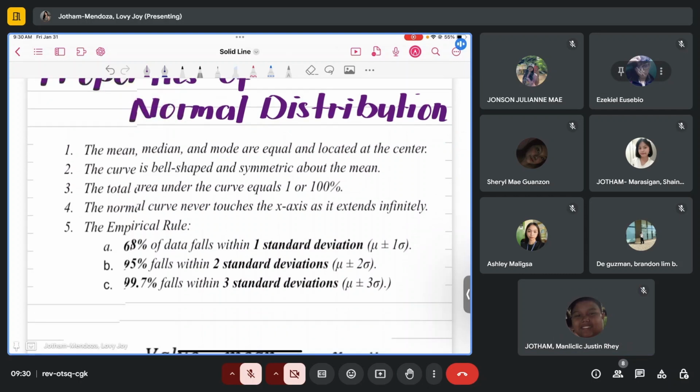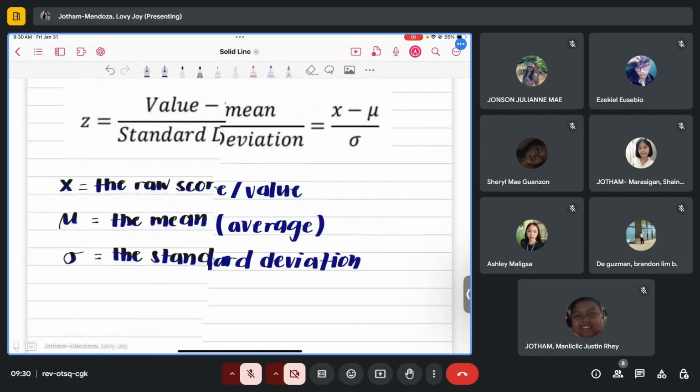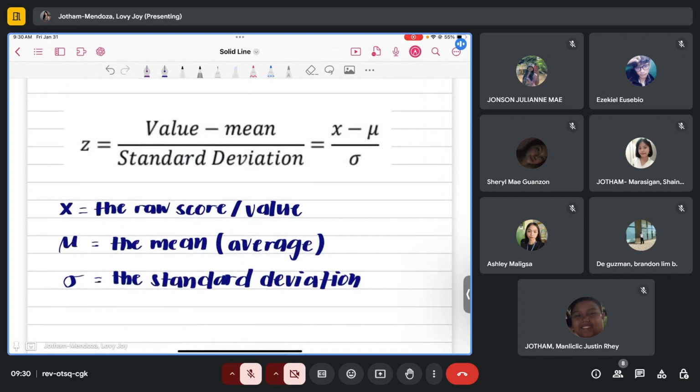Okay. Now, that's where the z-score and z-table come in. Here is the formula: z equals x minus the mean over the standard deviation, where x is the raw score or raw value, the mean is the average, and the standard deviation is the spread of the data.